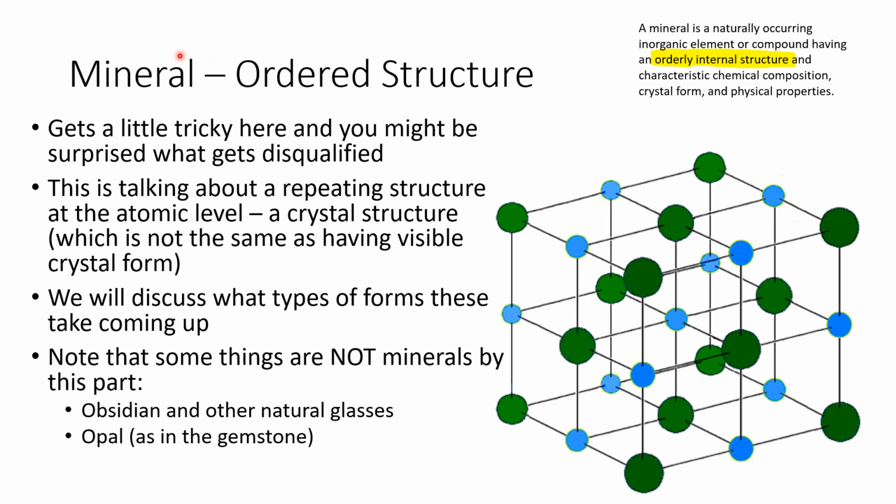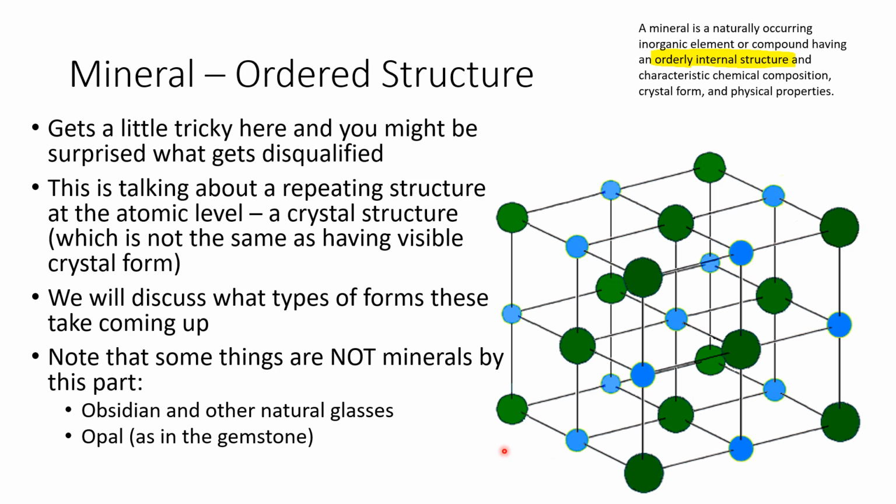Minerals are required to have an ordered internal structure. This is the lattice that I was talking about earlier, and this is a simple lattice displayed here. Whatever this mineral is, this could be sodium chloride like before, every version of this mineral has the same structure.